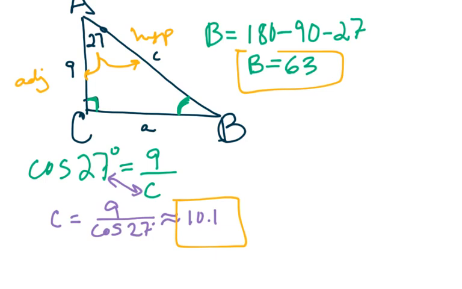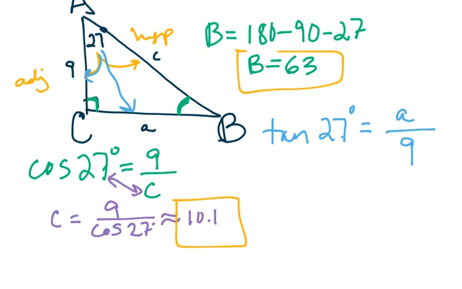So if I want to find this side over here, from 27, a is the opposite, and we have 9, which is the adjacent. So that's going to be tangent of 27 is equal to the opposite over the adjacent, which is 9.